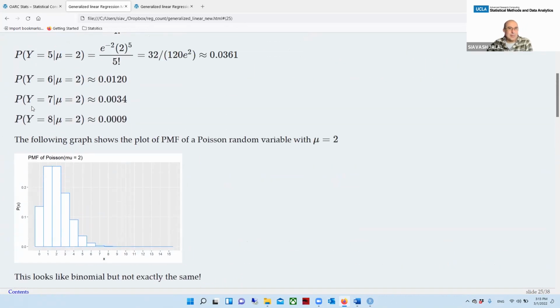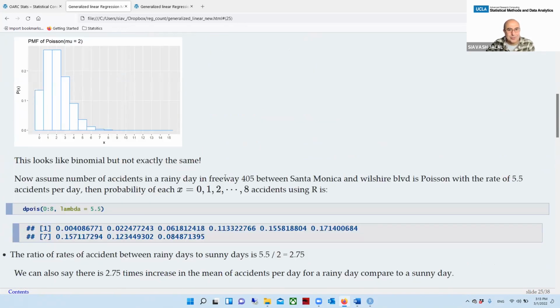So this was when mu was 2. Now assume for a rainy day, the rate of accidents is 5.5 accidents per day. Again, we want to really understand that Poisson outcome, to go back to the Poisson distribution.